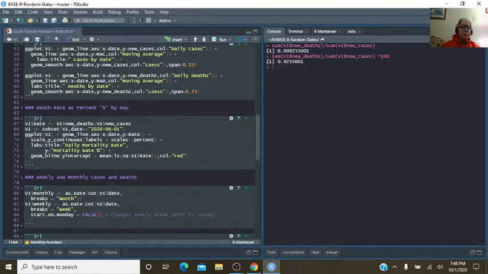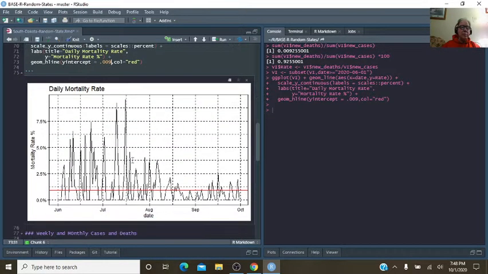Okay, let's get rid of this here, and it's 0.009%, and there it is. The mortality rate. So the average mortality rate for South Dakota is less than 1%. Even with these spikes here, there's so many lows in between here.